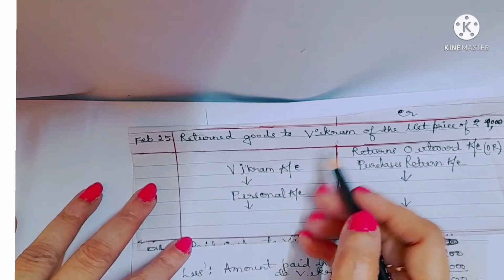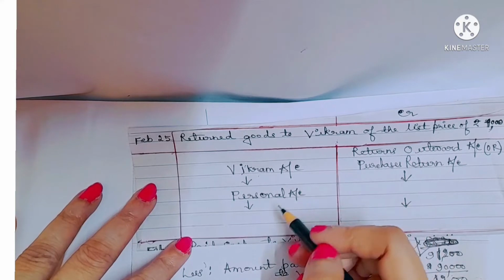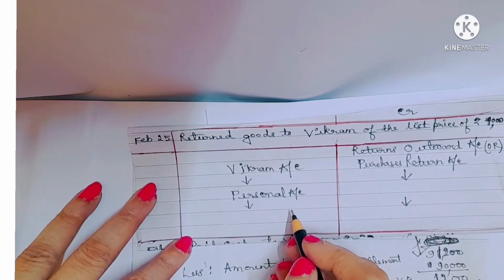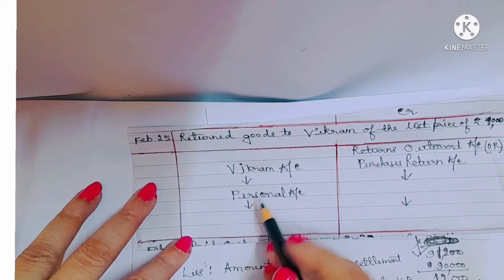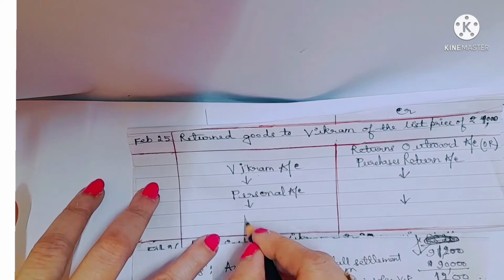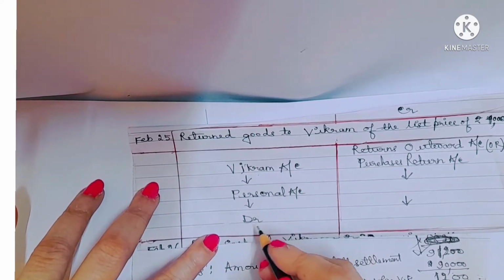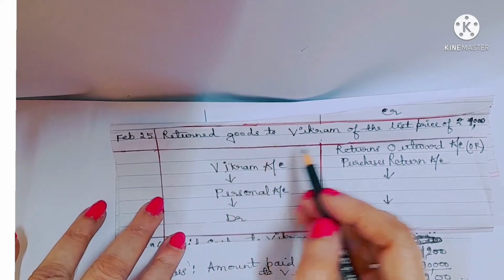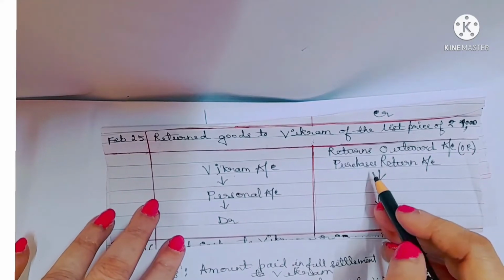So Vikram is the receiver of goods. According to personal account, the receiver of the benefit is debit. So Vikram is the receiver of goods. He should be debited. So Vikram account should be debited. And when we are returning goods to Vikram, goods are going away.